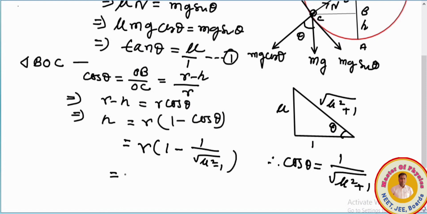Now we simplify this expression. It is given that the coefficient of friction mu equals 1 by root 3.